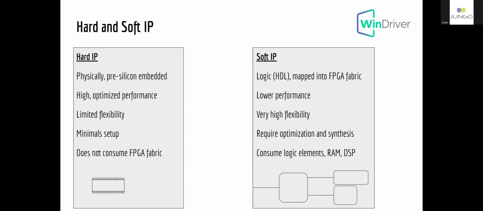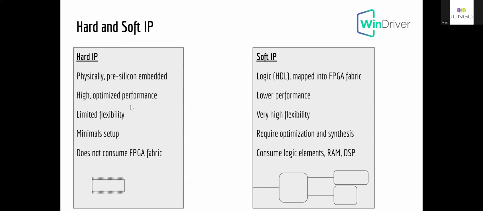Now, there are two types of IPs. As I said, the FPGA is modular, meaning you can implement or add different logic to it. So the logic splits into two. You have hard IPs, which are physically pre-silicon embedded. These are not to be modified when designing your design.